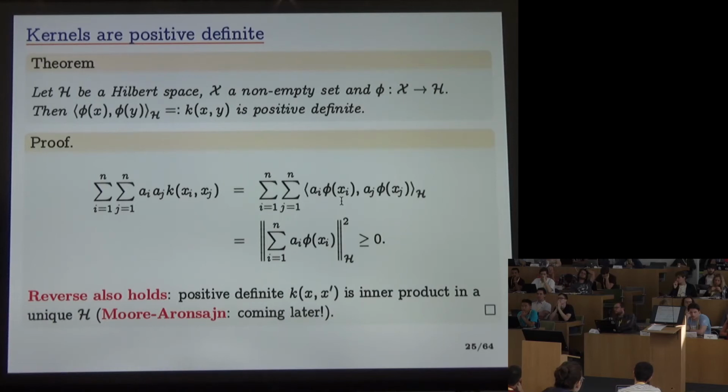Now, what does this look like? This double sum looks like the sum of ai phi(xi) dot producted with the sum of aj phi(xj), which is the norm of the sum of ai phi(xi), squared. The dot product of something with itself is the norm squared. Now, the norm squared is non-negative. It's the length of the sum of these features. So I'm done.